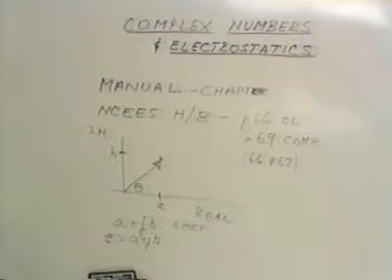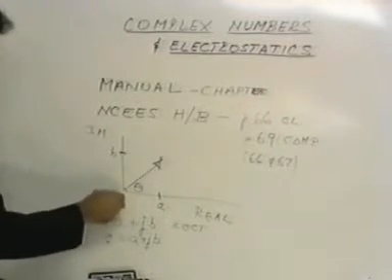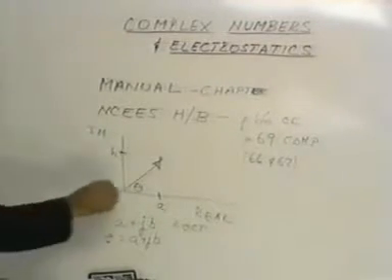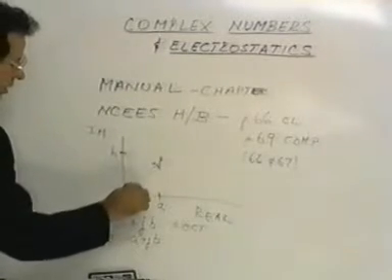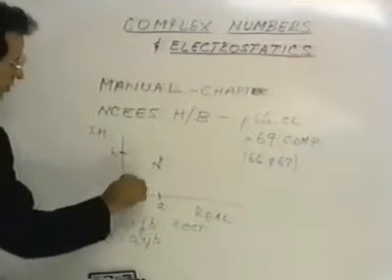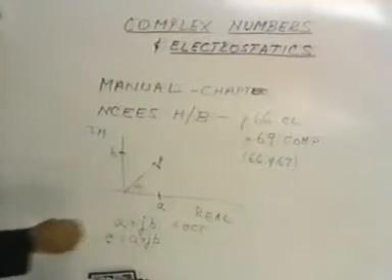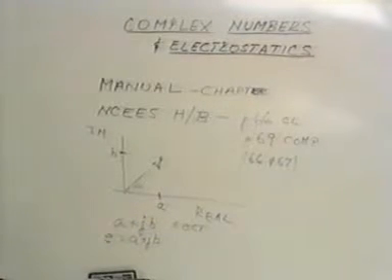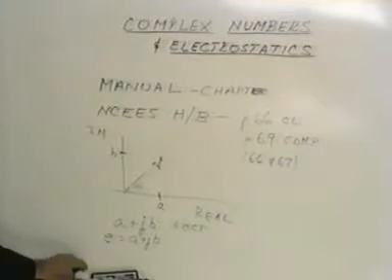There's another way to describe a vector. Instead of talking about the components along the two axes, we can describe it by a length and an angle theta that this vector makes with respect to a reference axis. In this case, the positive real axis.